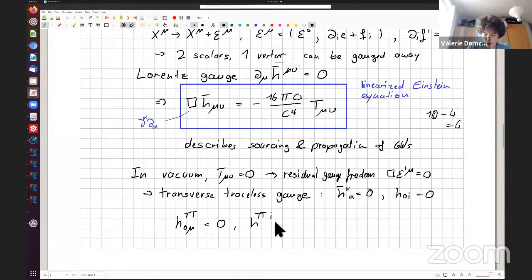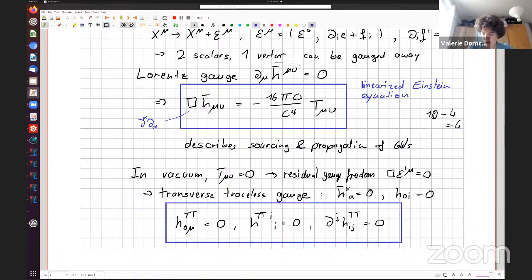In particular, the trace over the remaining spatial components is 0. And of course, we still have Lorentz gauge. This TT is for transverse traceless gauge. And these are the final conditions for the TT gauge.